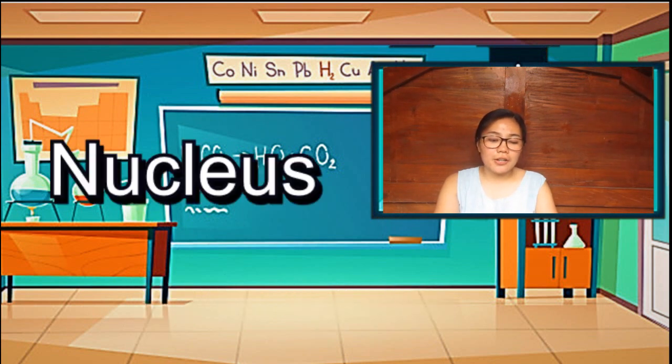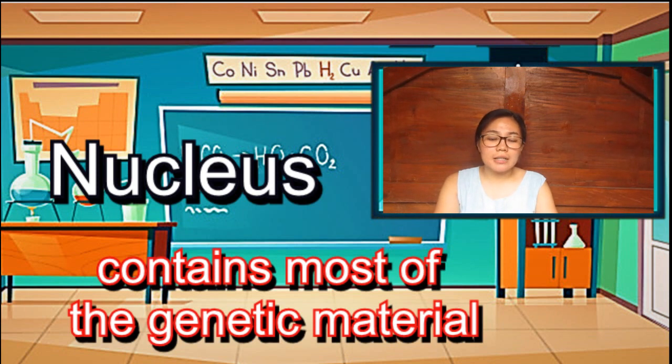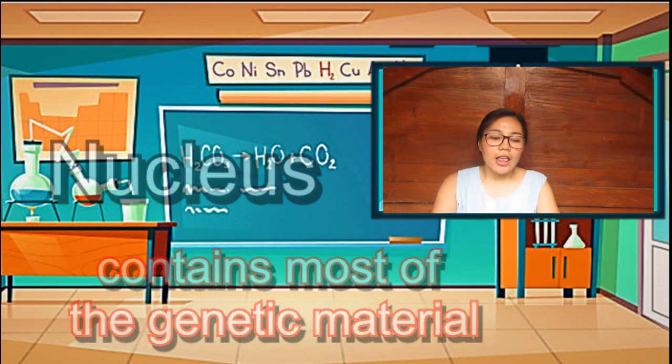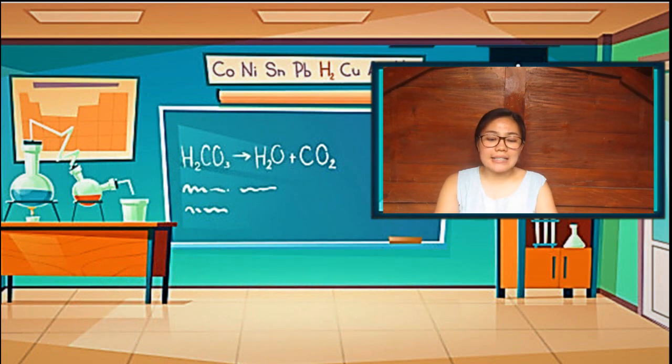The nucleus contains most of the genetic material, or deoxyribonucleic acid or DNA, of the cell. In most algae, the molecules of DNA exist as linear strands that are condensed into obvious chromosomes only at the time of nuclear division or mitosis.